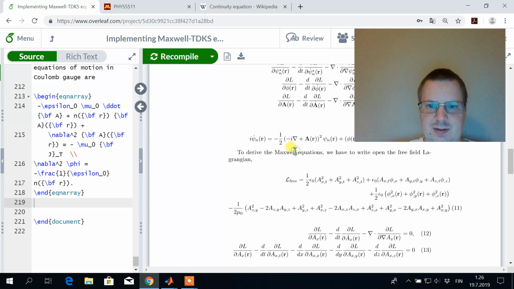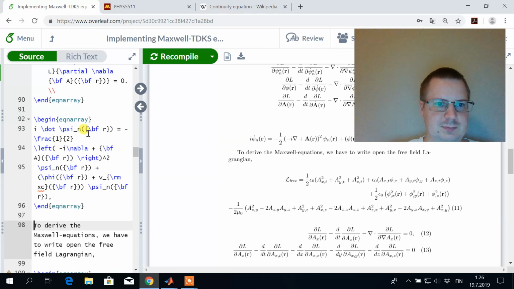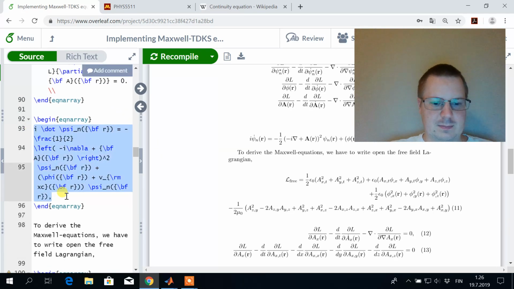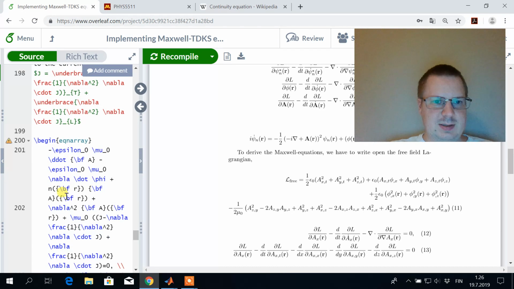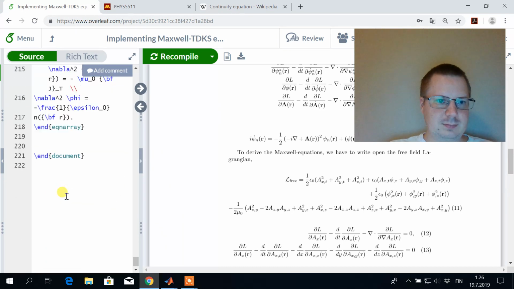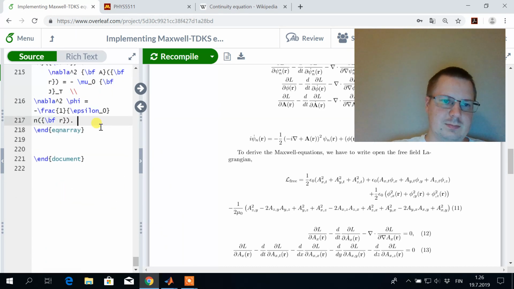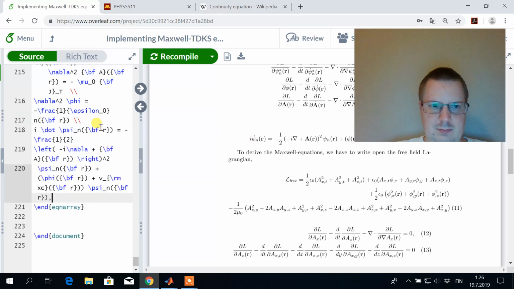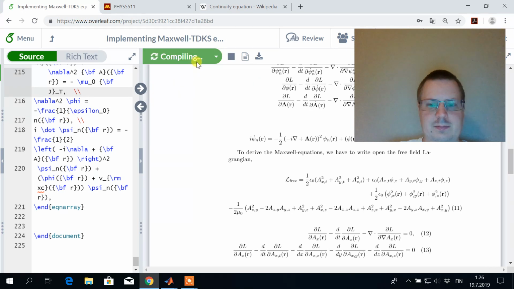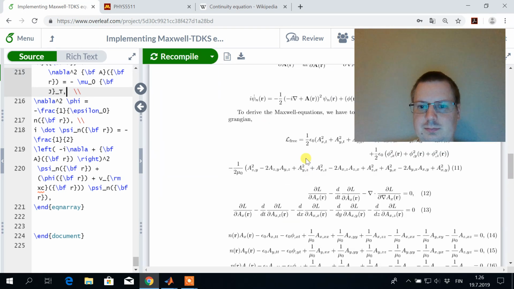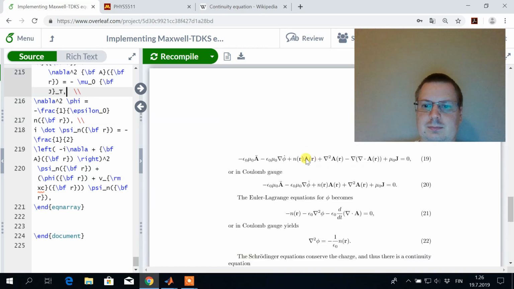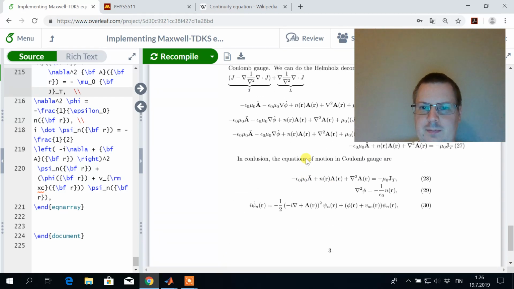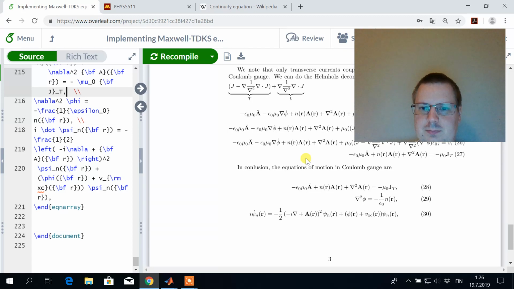So this is the Kohn-Sham part. Yes, I think so. Looks about right in many ways.